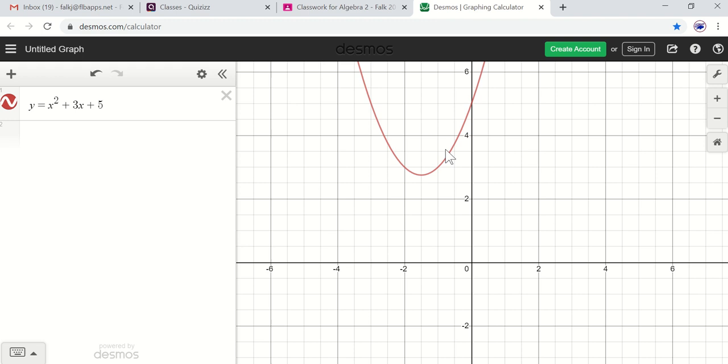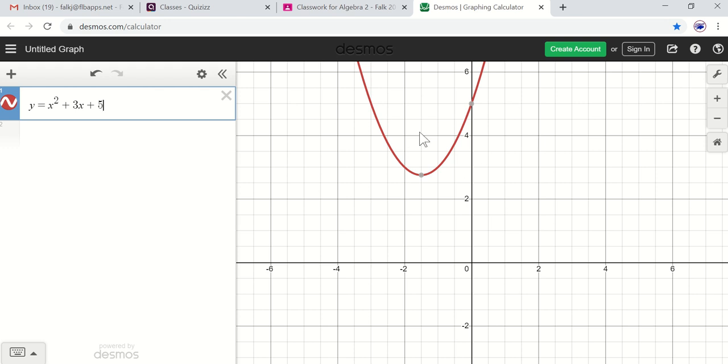Hey, check this out, gang. There are no x-intercepts. This parabola doesn't cross the x-axis at all. And obviously that's a possibility. Parabolas don't have to cross the x-axis.